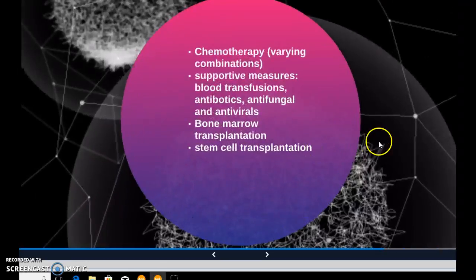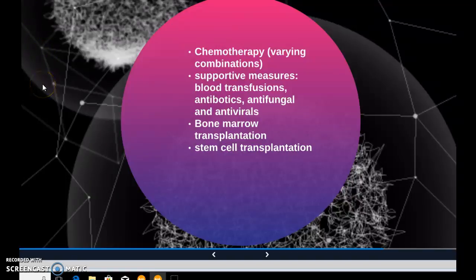So what is our treatment plan really going to be for these patients? Our treatment plans are really going to vary depending on the patient. Chemotherapy is really the treatment of choice for leukemia, and it uses varying combinations.